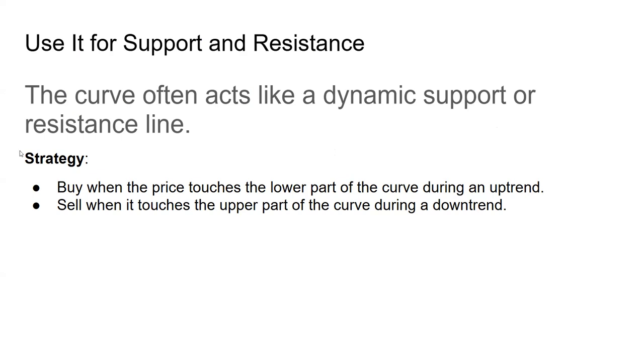So the strategy is buy when the price touches the lower part of the curve during an uptrend, sell when it touches the upper part of the curve during a downtrend. I'm going to explain everything to you on the chart. First, listen to me because you need to understand this polynomial regression. Once you understand the concept, then only you can trade better.